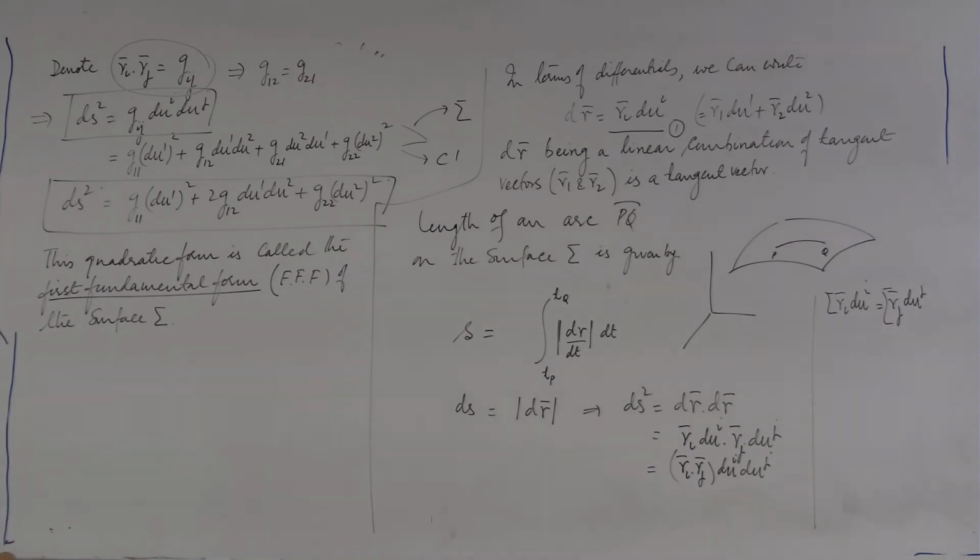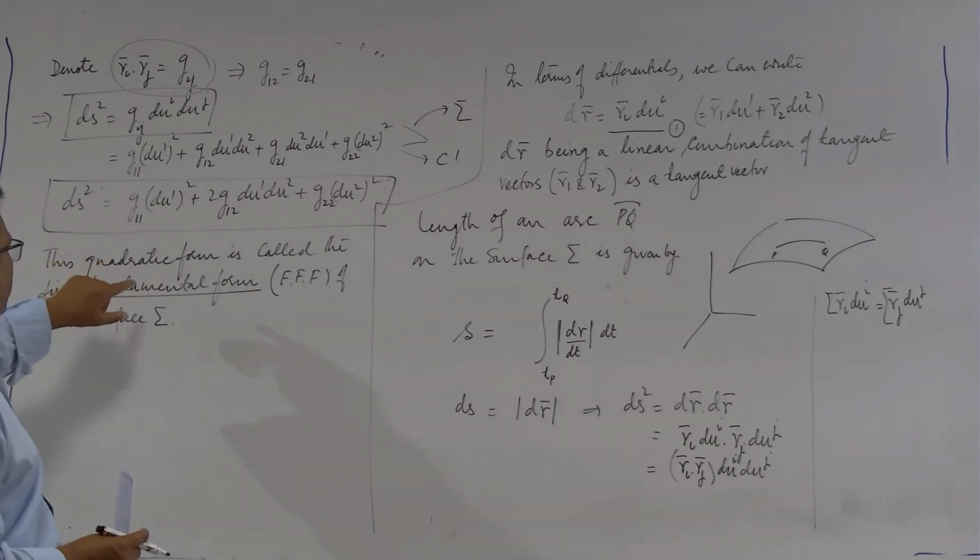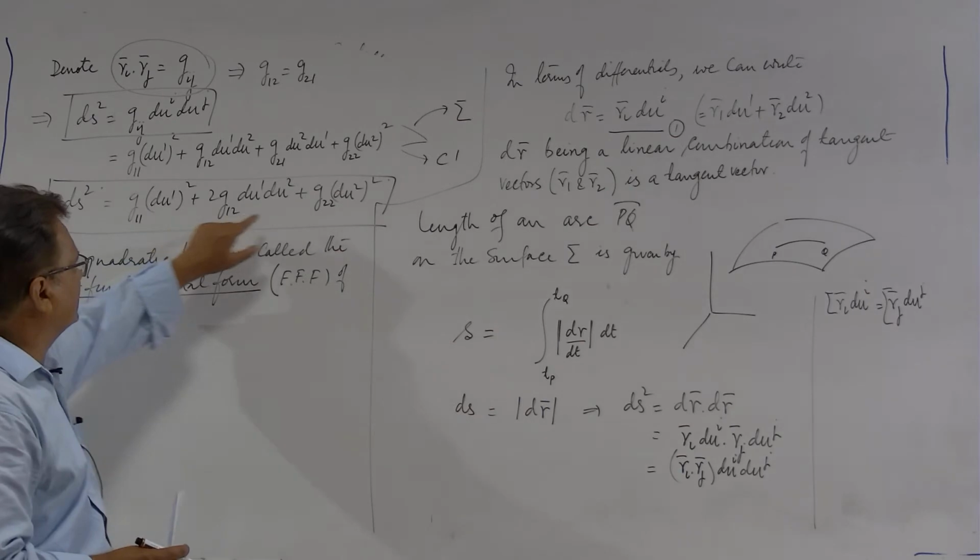Now, in order to study the first fundamental form, u1, u2 are the parameters of the surface. They will always be there. What will determine the first fundamental form are these coefficients.